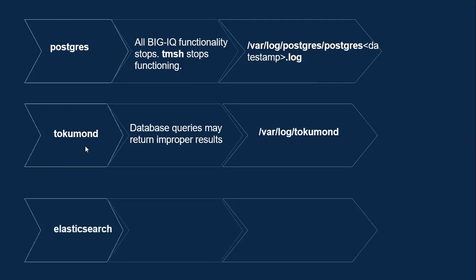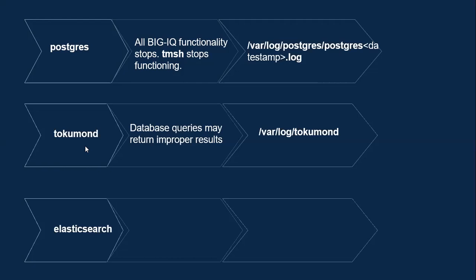Then we have Elasticsearch. This again is one of the important daemons which optimizes BigIQ's ability to process the events and status messages which are being sent from your logging nodes. This was introduced in BigIQ version 5.0.0.